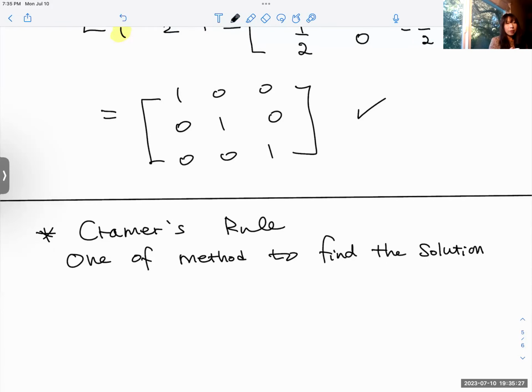Okay, we have a system of linear equations, and they're using AX equal to B. So in this book, they're using this one as a column vector. This is a column vector.